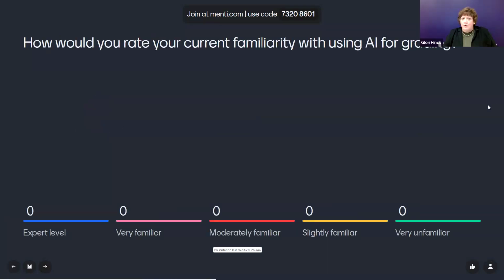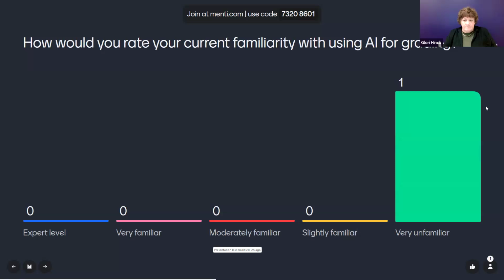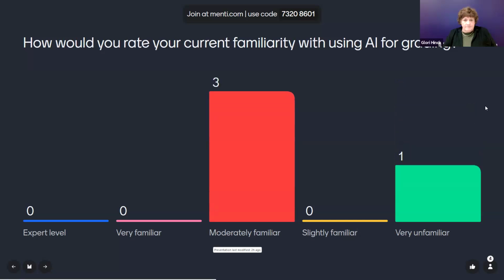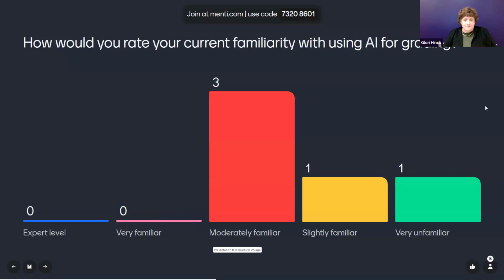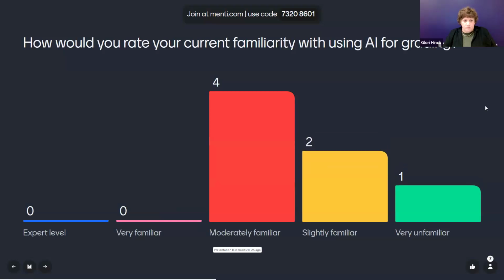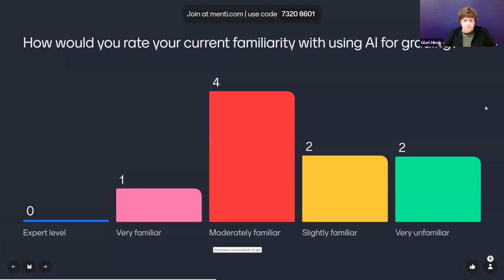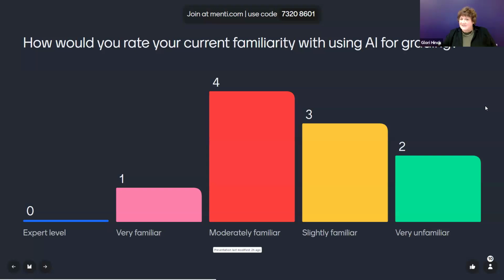How would you rate your current familiarity with using AI for grading? Moderate? All right, so we're skewing to less familiarity with grading in AI.